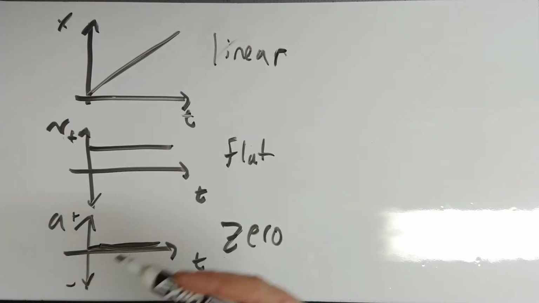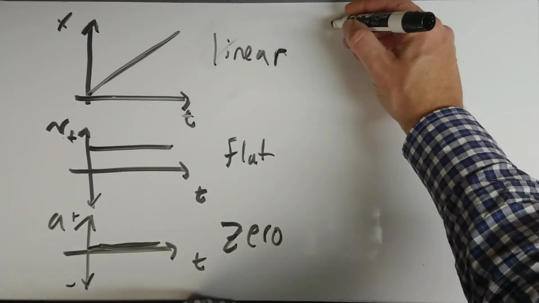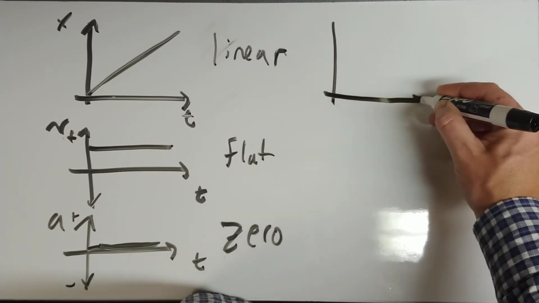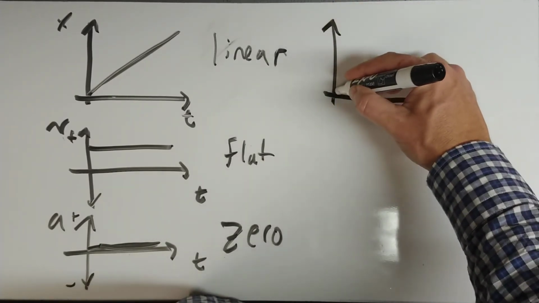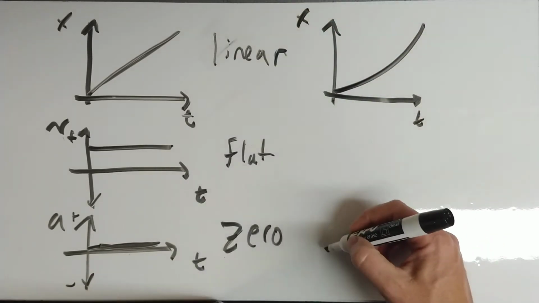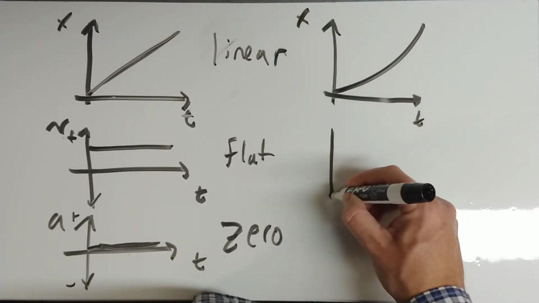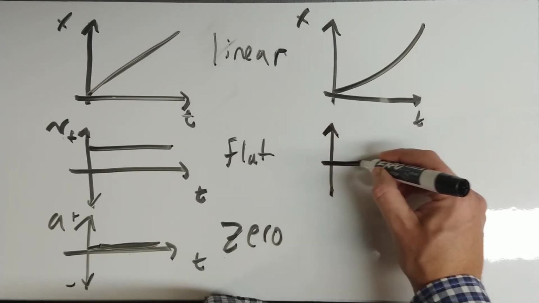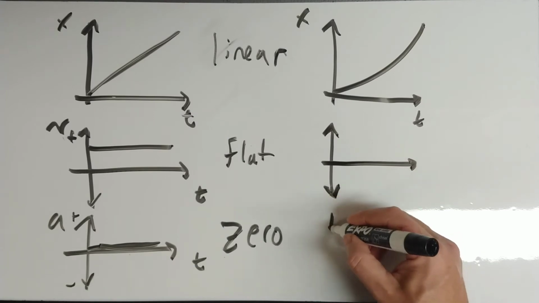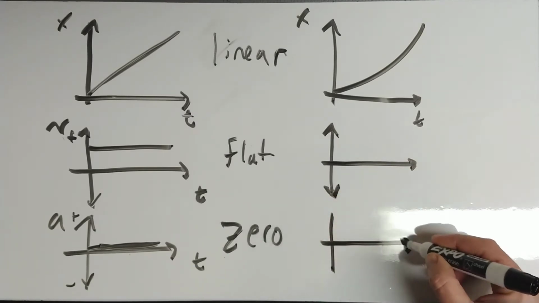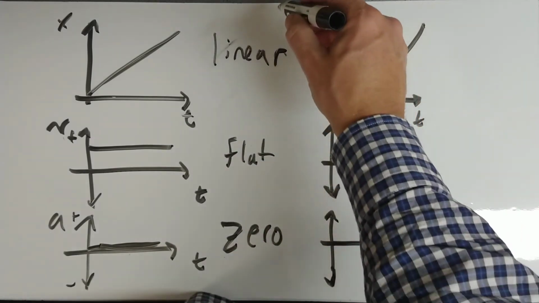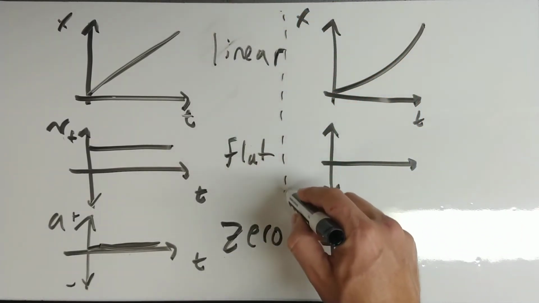All right? So then the next one we look at is, well, what happens when it accelerates? Well, the position versus time graph ends up being curved. All right? Let me draw the velocity versus time graph here. Now, this is something accelerating in the positive direction because the slope of the position versus time graph is getting more positive, right?